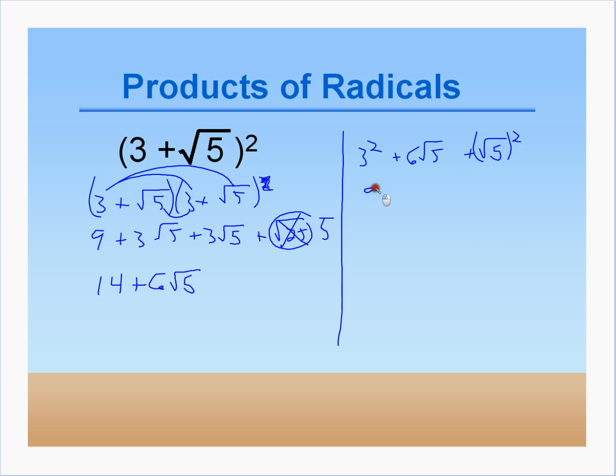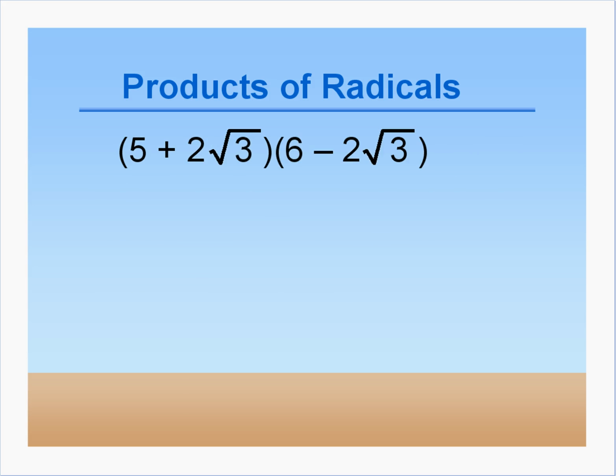And so we get 9 plus 6 root 5 plus, and this is just a 5. And then 9 plus 5 is 14. So we get the same answer a little bit quicker. So recognizing that formula is helpful, but again, you can do that either way. You can write it out and then multiply it out, the same as if you follow the formula.